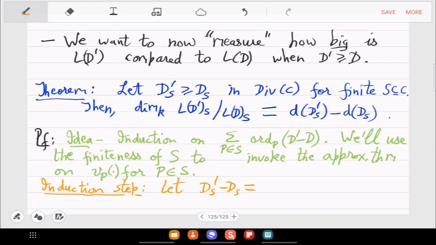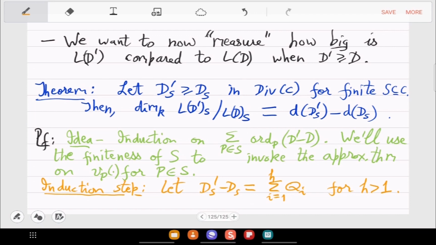The induction step will actually be easy. Let this growth be by many points Qi's, i from 1 to h, two or more points. We can actually reduce this to a single point growth, which is h equal to 1. So how do you do that? You look at these divisors which you get when you add Q1, then Q2, then Q3, up to Qh.